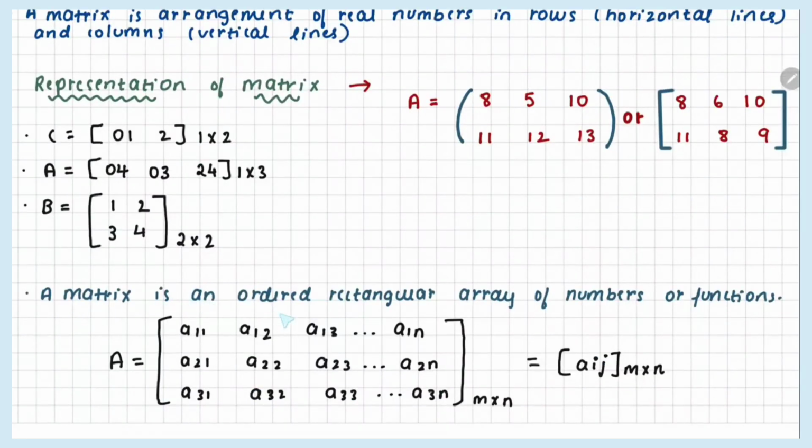A matrix is an ordered rectangular array of numbers or functions. So A11, A12, A13. These subscripts indicate the number of rows and columns. 1 means 1 row and 1 column. 1 row, 2 column. 1 row, 3 column. 2 row, 1 column, like that.